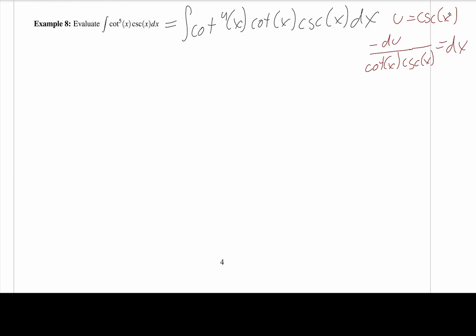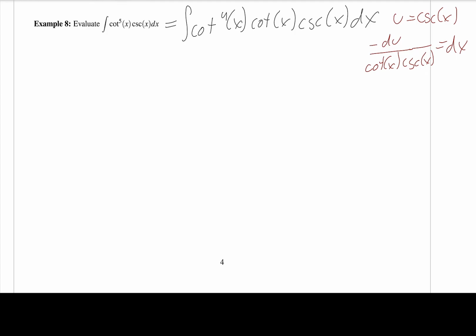If you need to, go ahead and take the derivative on both sides of our u equals cosecant of x equation, and verify that you get this right here. But because of the amount of years that I've just spent loving mathematics, I was able to kind of see this.